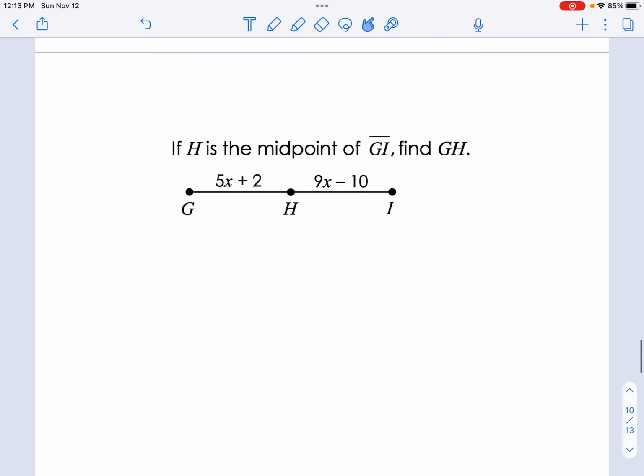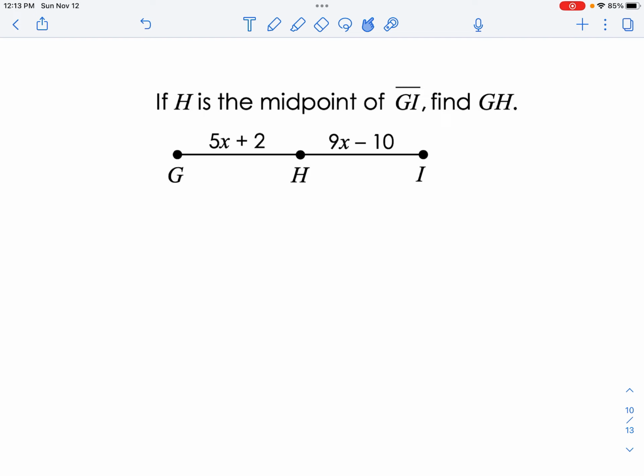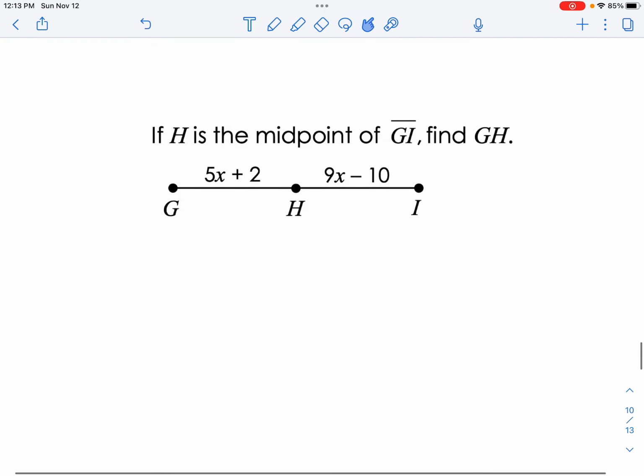Okay, so we're going to go through a couple that just hopefully make this make a little bit more sense. So if H is the midpoint of GI, find GH. So we know because H is the midpoint that this segment and this segment are the same.